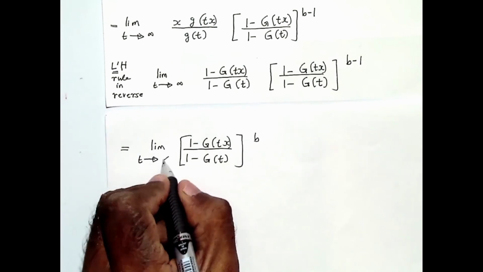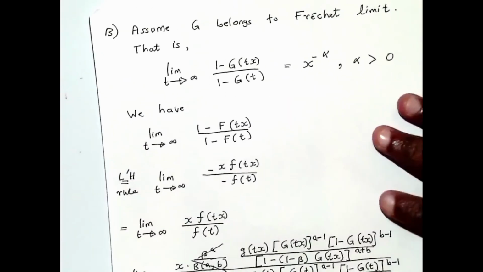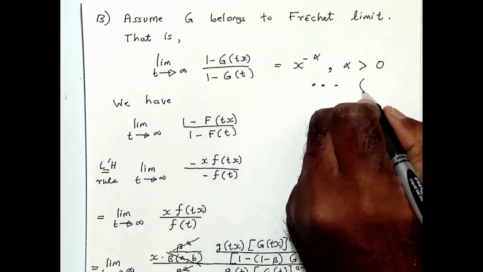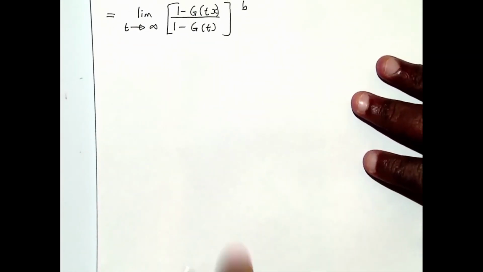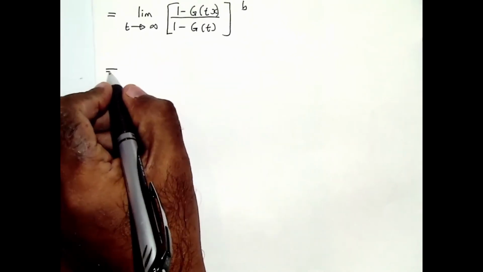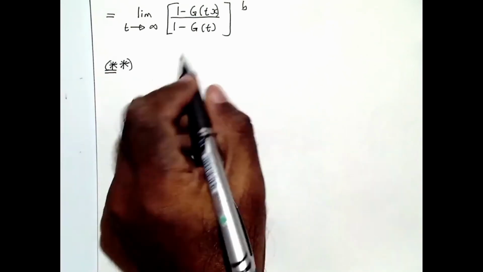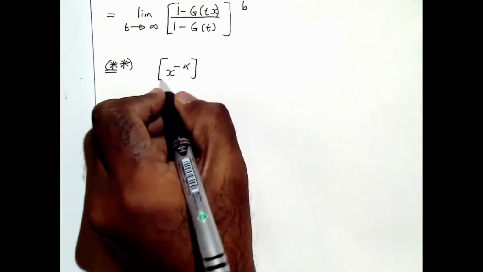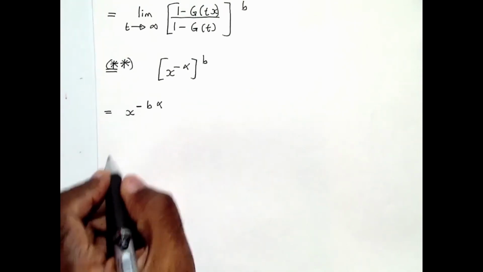Right. Now before I go ahead, let me go back to the assumption which I made, and let me call this equation double star. Right? Okay, now returning to this, using double star, the limit of this is x to the power minus alpha, to the power b, which is x to the power minus b alpha.